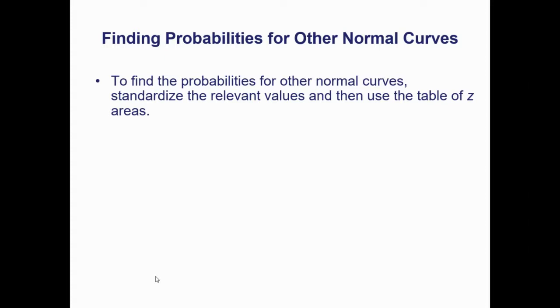To find the probabilities for other normal curves, you standardize the relevant values, then you use the table of z-scores, or z-areas. We have an extra step before we can just turn to our table.